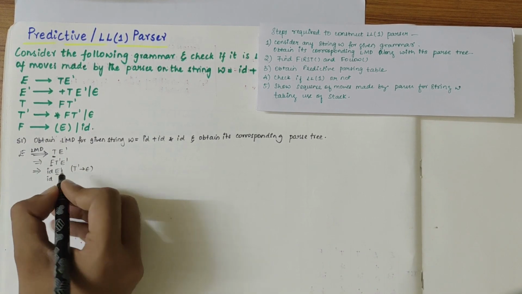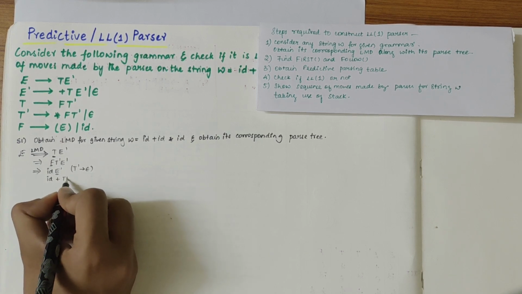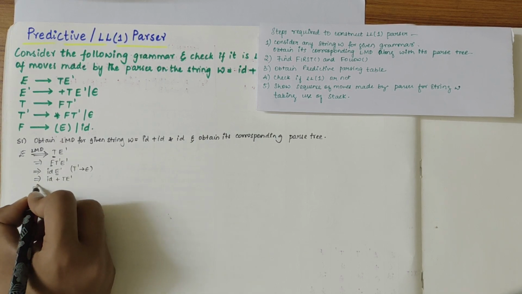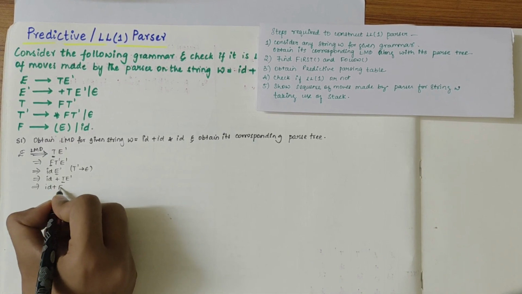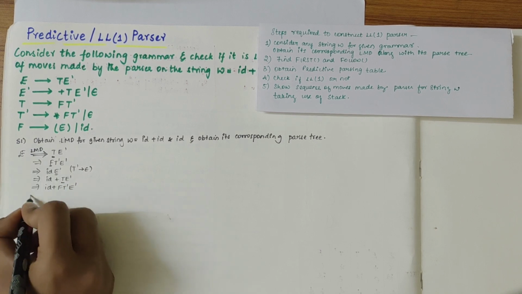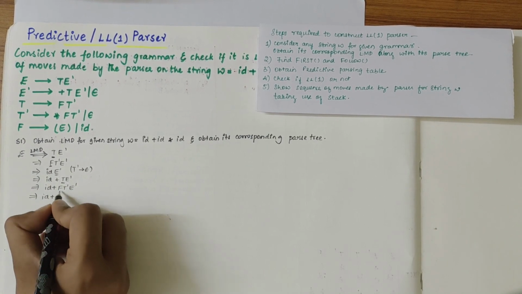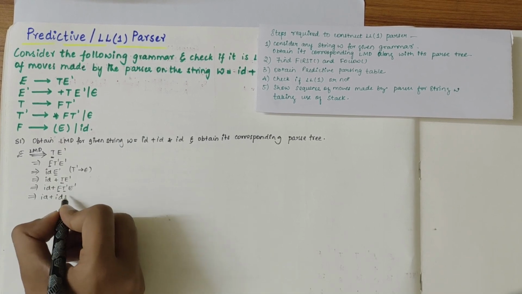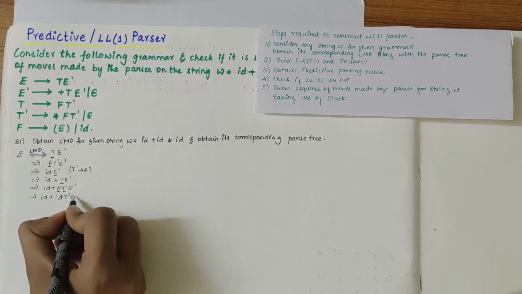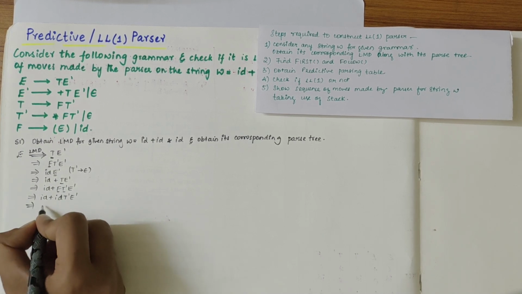Next step, E dash can be written as ID plus TE dash. So here ID plus T is again written as FT dash E dash. Again ID plus this F can be written as ID, and we'll show this in the next step.